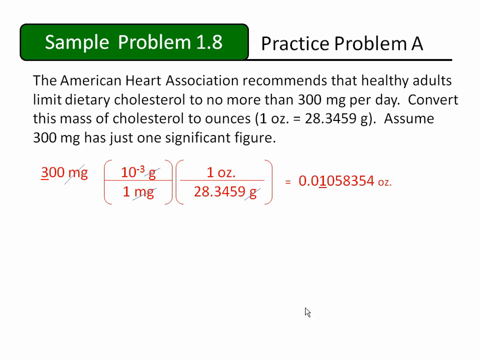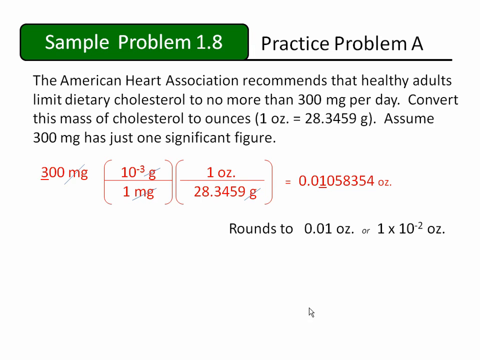Our original value had one significant figure, and we can't write a value with any less than one significant figure. So in this case, it really doesn't matter how many significant figures are shown in the conversion factors. We only carried out multiplication and division to solve the problem, and that means that we'll round our answer to reflect the fewest significant figures, or just one in this case.